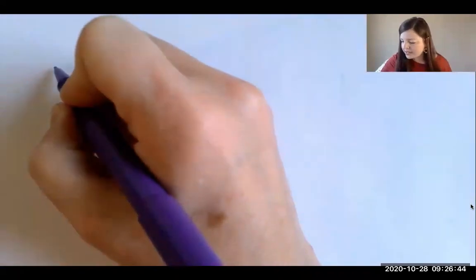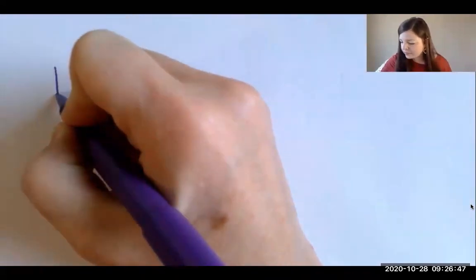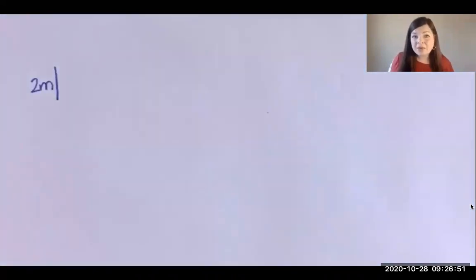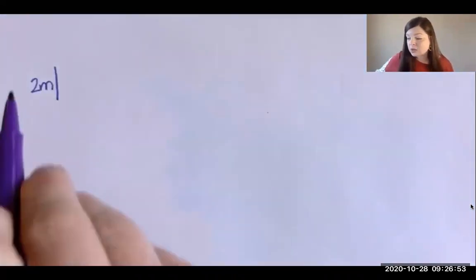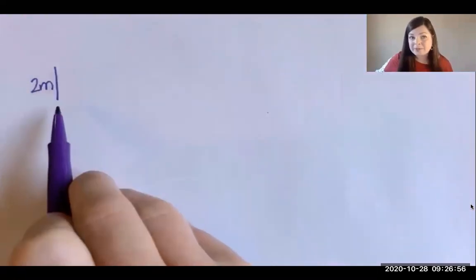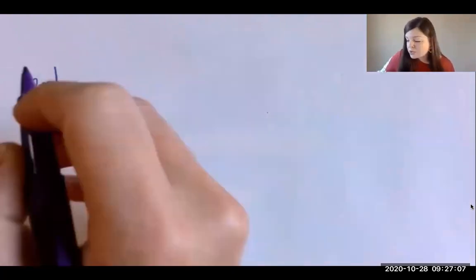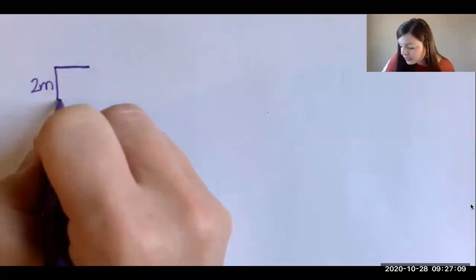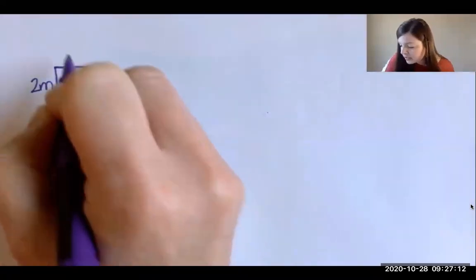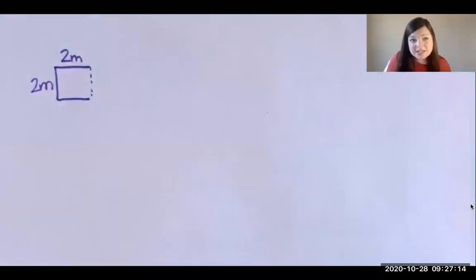I'm going to draw a rectangle that is 2 meters wide, and the rectangle is 3 times as long as it is wide. That means that the length can be thought of as 3 segments or 3 short lines that are each 2 meters long. So here, that's the same length or 1 time as long as it is wide.